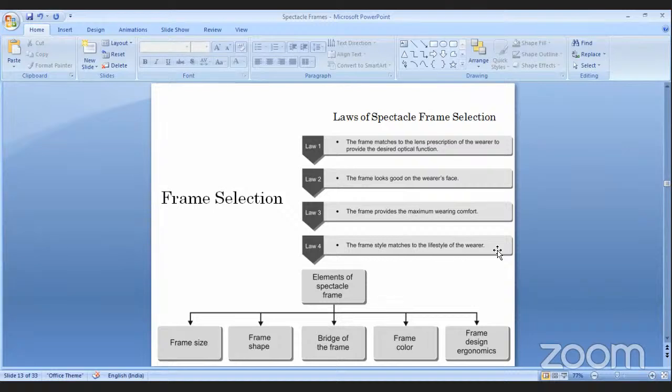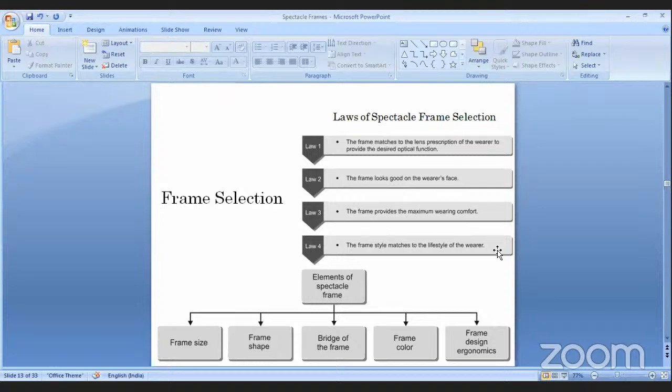Law number 2, the frame looks good on the wearer's face. Looking good is a very important criterion for the thing to be used. The hypothesis is that anything that does not look good is not used. It is therefore important that the frame does not make the wearer feel out of date or conspicuous. Law number 3, the frame provides the maximum wearing comfort.